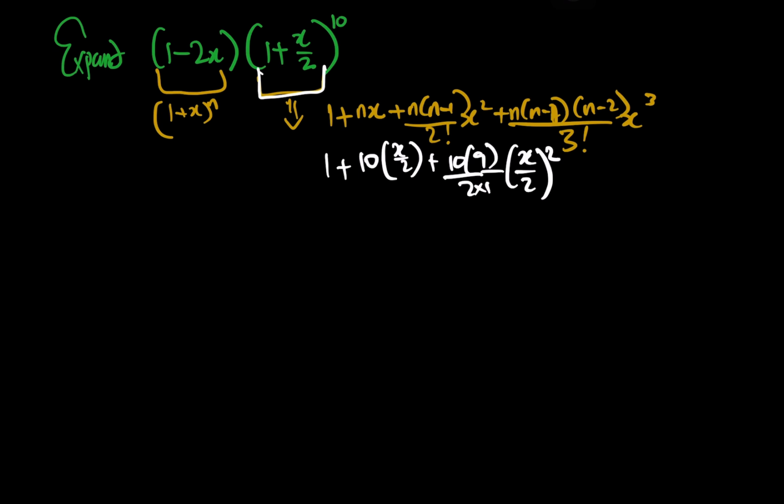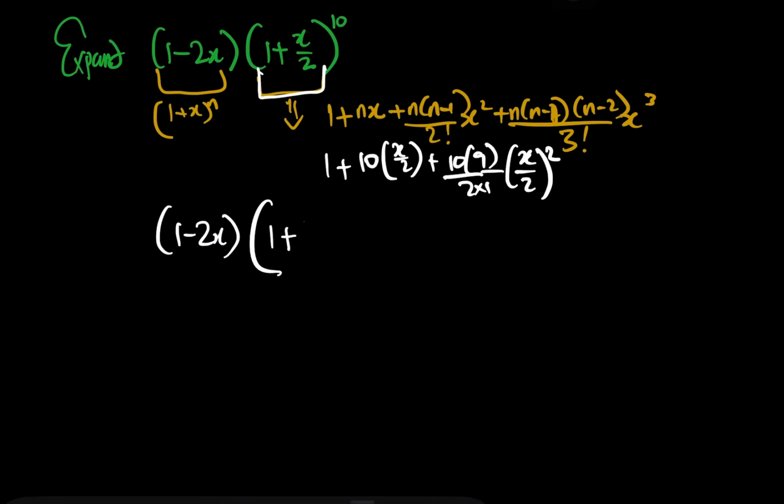So let's imagine that when we do it, we're going to have this 1 minus 2x alone, into parentheses, we're having our 1 plus 10 into x over 2 plus 10. Or let me simplify that. When you work it out, you're going to get 1 plus 5x plus 45 over 4 x squared plus dot dot dot in that particular order.